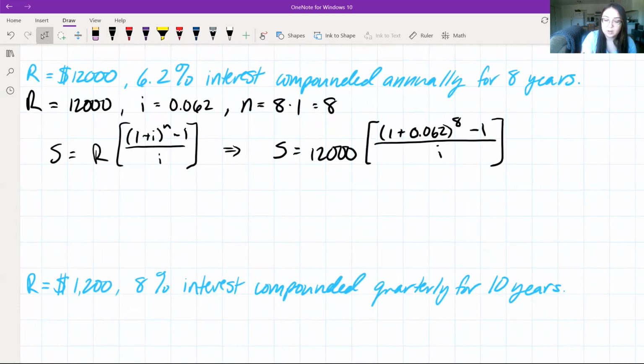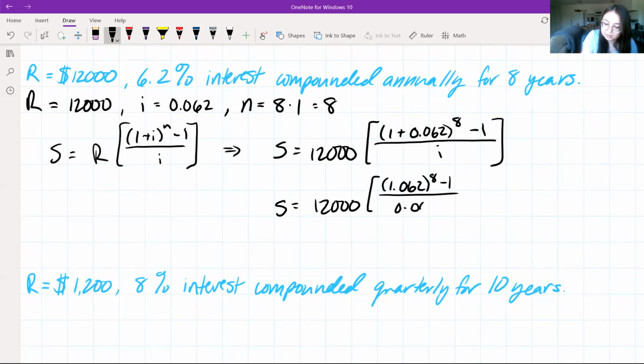So we can simplify what we have inside of our parentheses first. We can end up getting S equal to 12,000 times 1.062 to the 8th power minus 1 divided by 0.062.